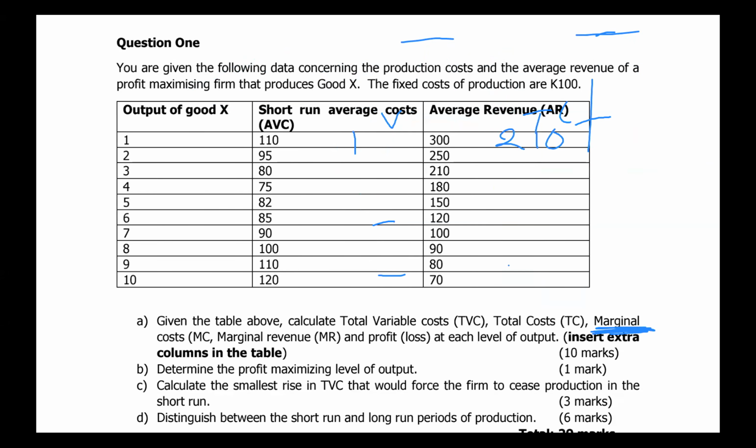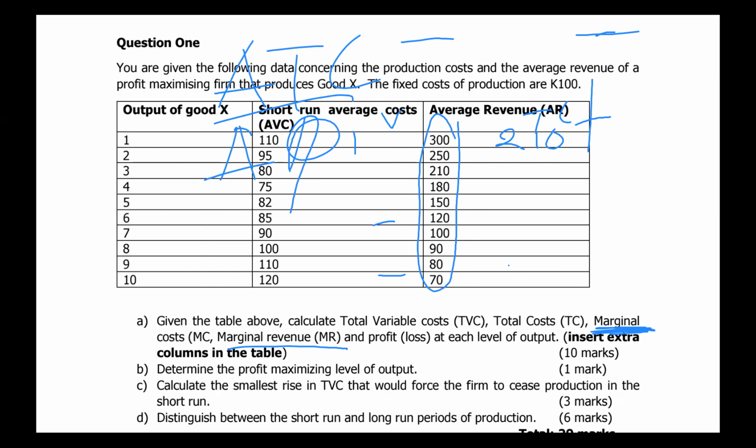You can just be subtracting, the change in total cost over the change in output Q, that should give you the schedule for marginal costs. We have done this today three to four times. Even yesterday, we did it many times. So you should be fine this time around.